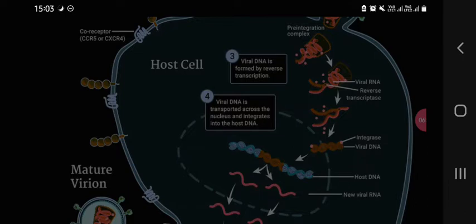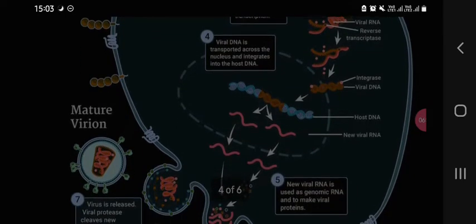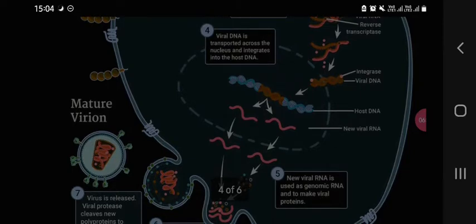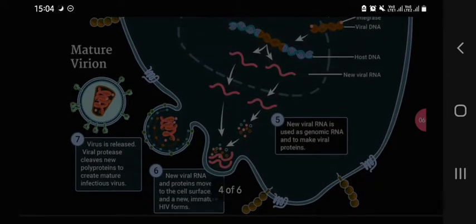New viral RNA is used as genomic RNA and to make viral proteins. New viral RNA and proteins move to the cell surface and new mature HIV forms. Virus is released. Viral protease clips new polypeptide proteins to create mature infectious virus.